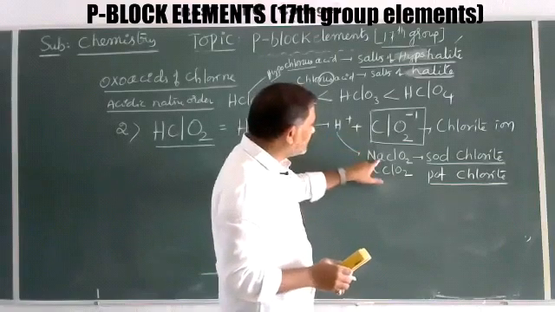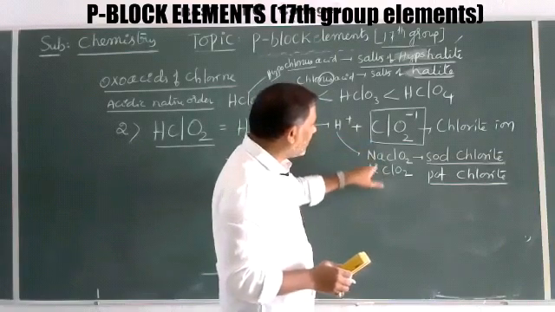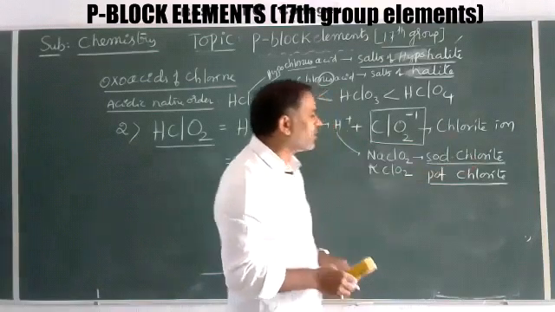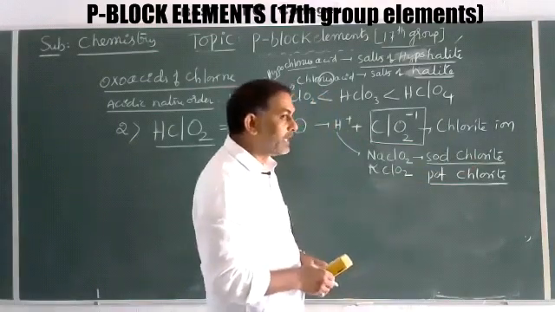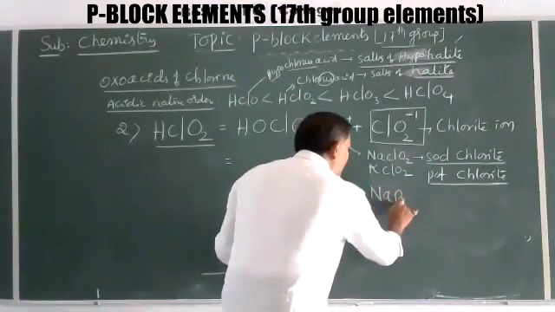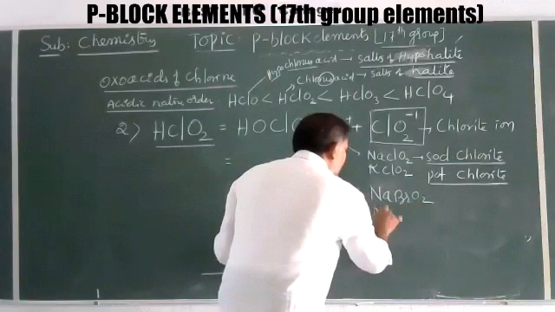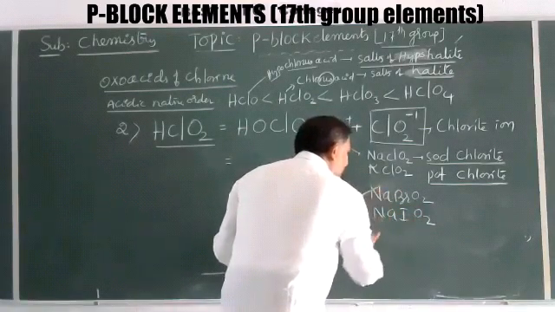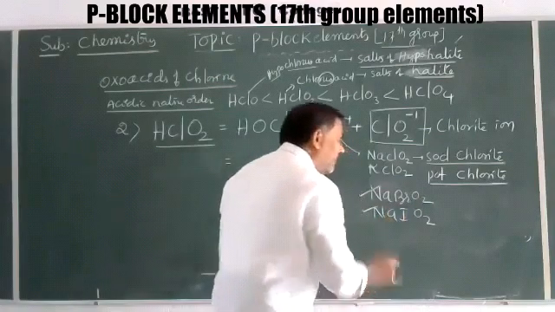Instead of hydrogen, we can take Na or the alkali metals. It gives the corresponding salts, the halites: chlorite, bromite. Also we can take NaBrO2 or NaIO2, sodium bromite, sodium iodite.